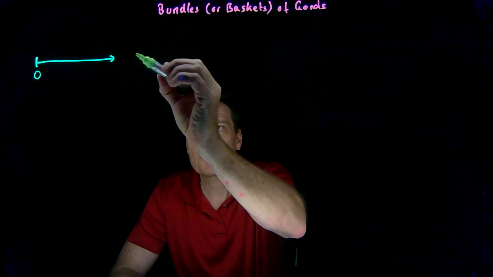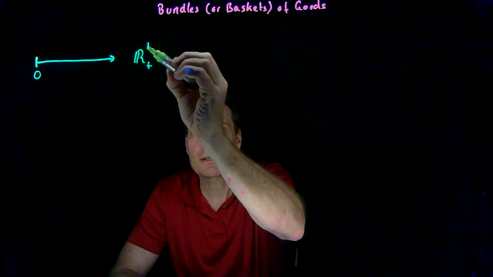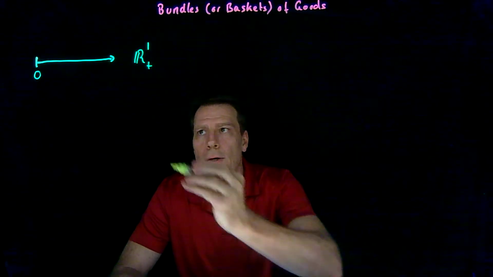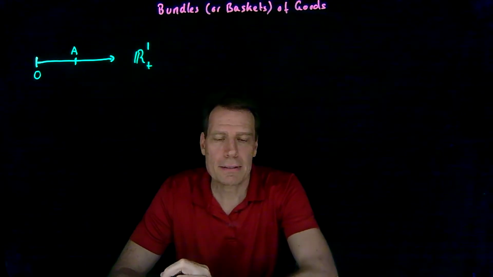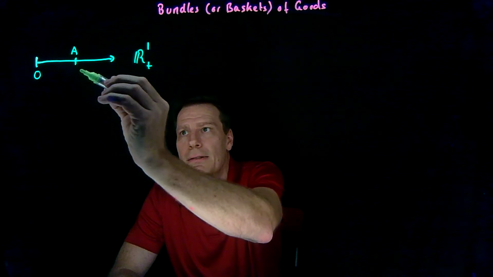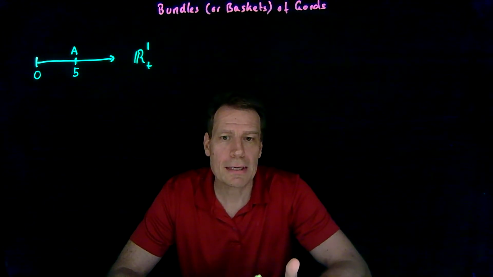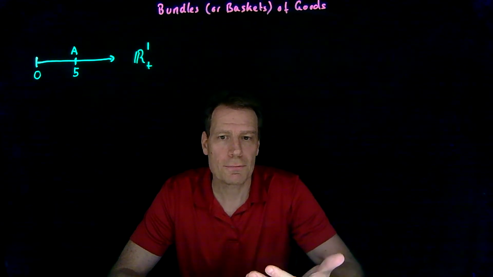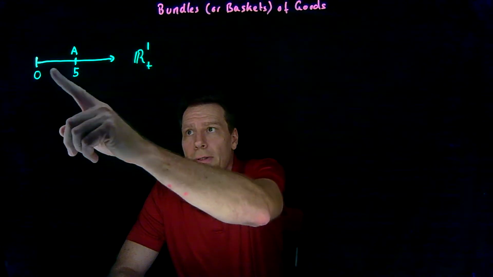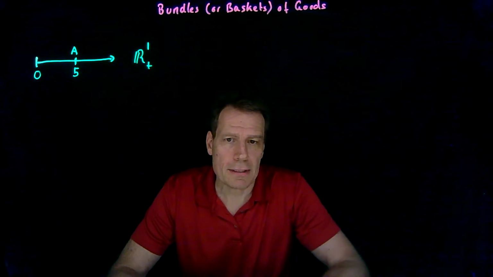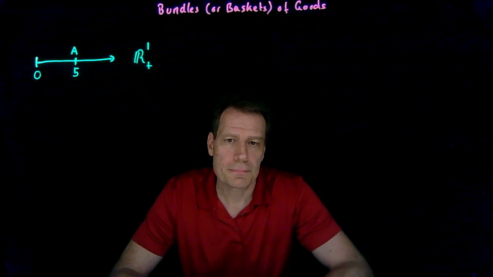We sometimes denote that as the real number line with positive numbers that's one-dimensional. So if we locate a basket here, that basket would be the basket that contains the number of apples that's indicated on the real number line for that basket. Each point on that real number line is a different basket because it contains a different number of apples.